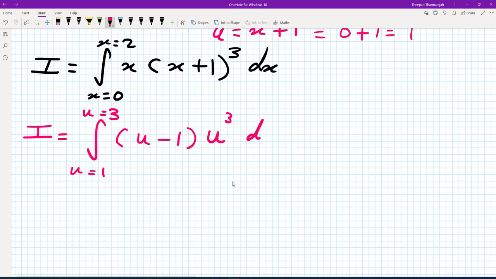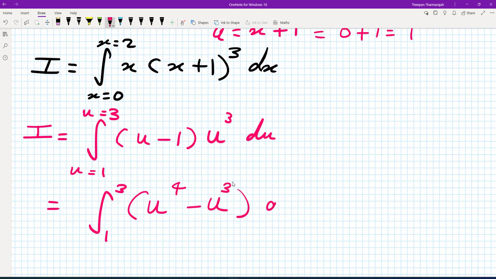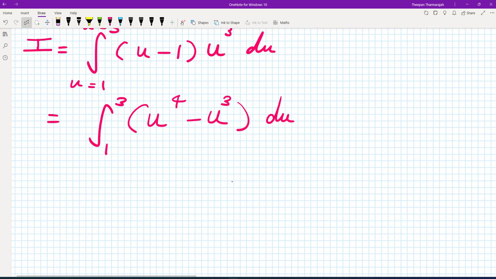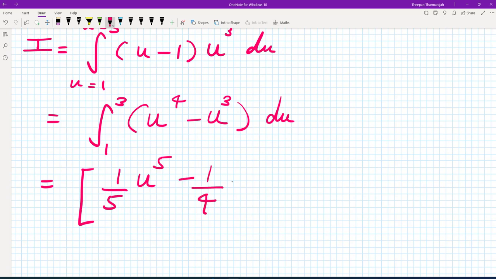So now again we get a very simple integral. That's the whole point of integration by substitution. Our limits are 3 and 1. So we get the integral of u to the power 4 minus u cubed du, and that will give me 1 over 5 u to the power 5 minus 1 over 4 u to the power 4, between 3 and 1.